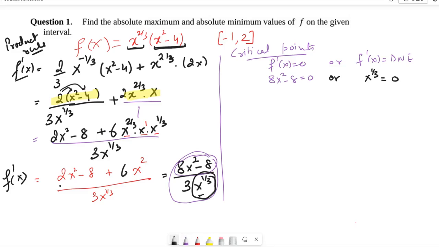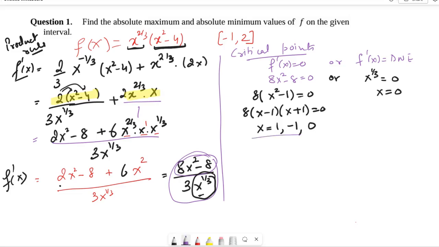Let's solve these. This here, by factoring, we can write it like this. It can be further factored into this. And from here, we will get x equal to 0. And these two factors give x either 1 or -1, and we found 0. These are my critical points.